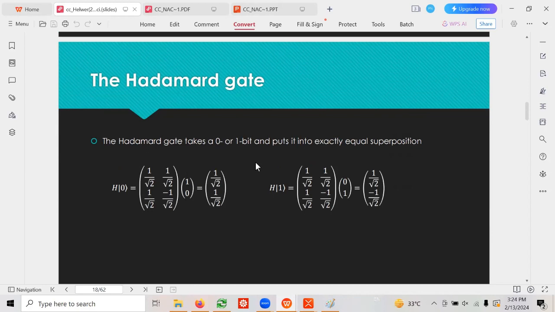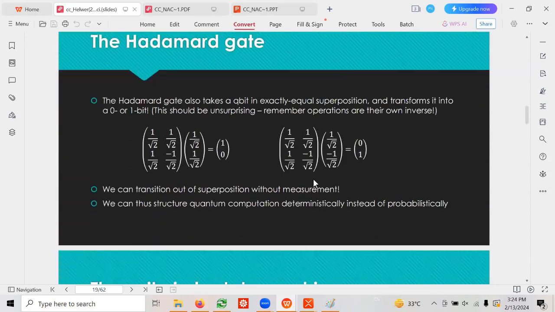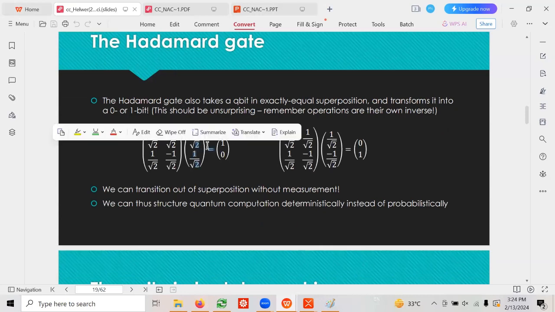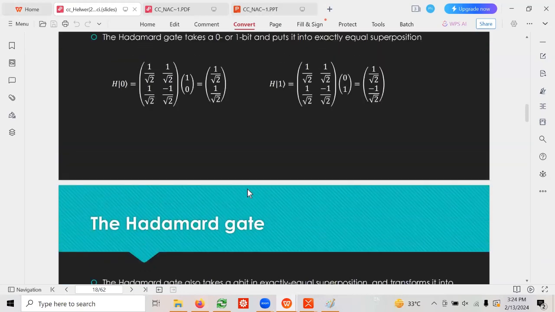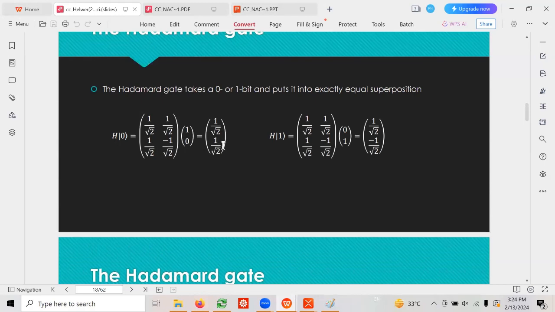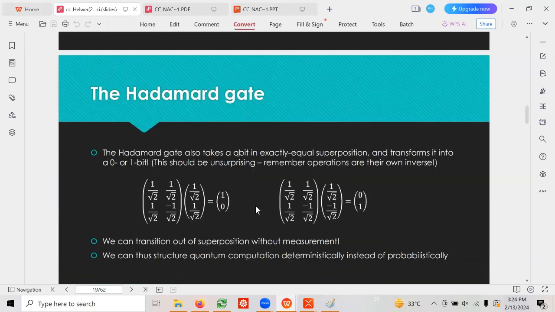It's saying that if I have a classical bit, I can mush it up into a quantum bit. And if I have a mushy quantum bit, I can multiply this and get some value. Okay. So that's what Hadamard gate does. See? I start with definite, I end up with mushy. I start with mushy, I end up with definite.